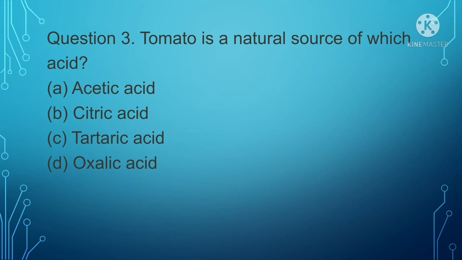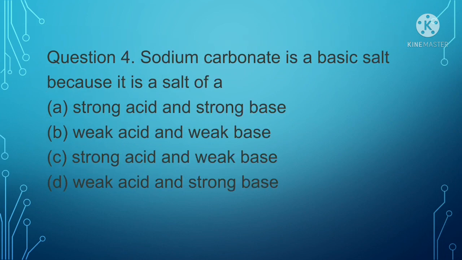Similarly, the second option is citric acid, present in lemon and orange. The third option is tartaric acid, usually present in tamarind. And finally, the correct answer is oxalic acid. I mean to say tomato is a natural source of oxalic acid. Option D is the correct answer.